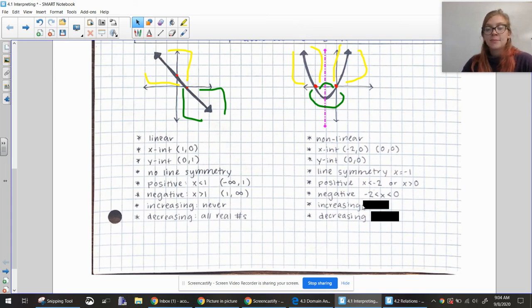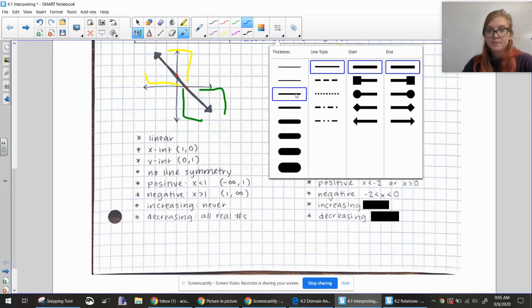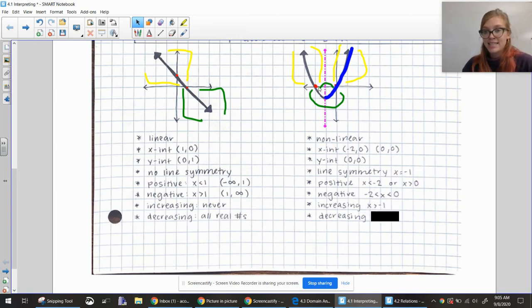Last but not least, we need to talk about increasing and decreasing. So in this example, our graph will use blue. Our graph is increasing when the graph is going up from left to right. So it's going up, starting here, and going all the way this way. So that is going to be increasing when x is bigger than -1, because at this point, x is at -1.